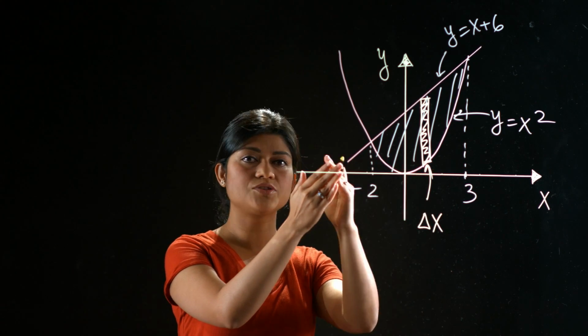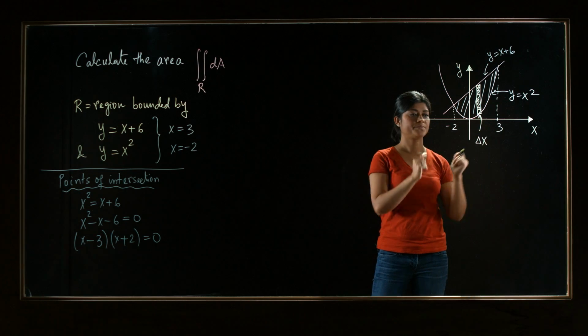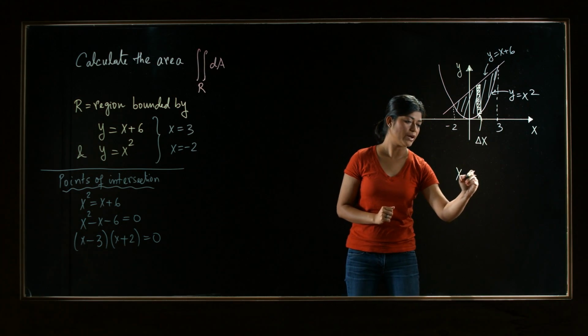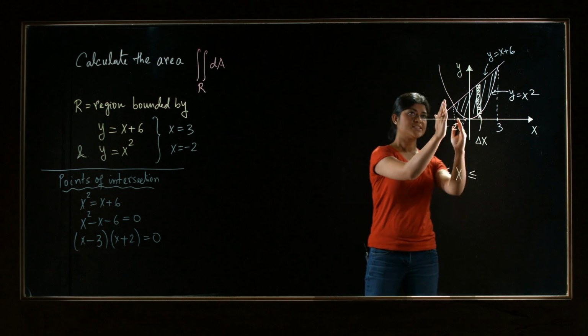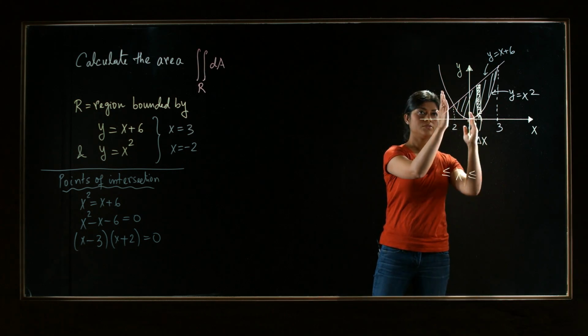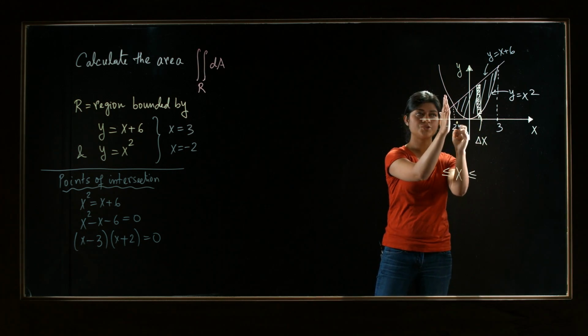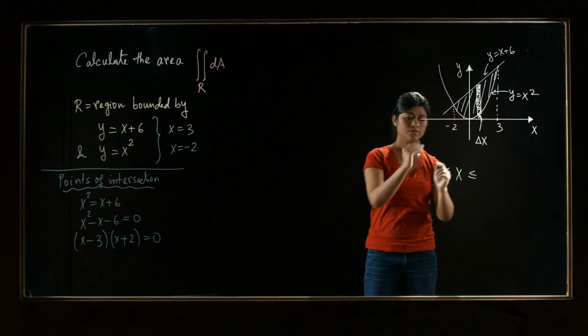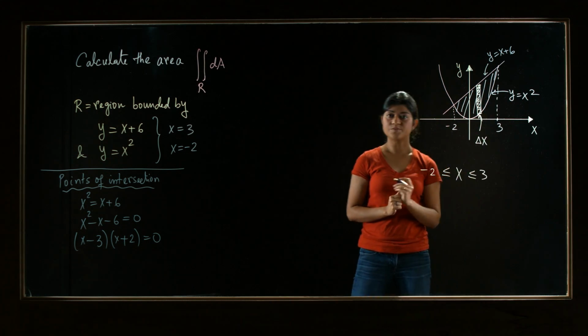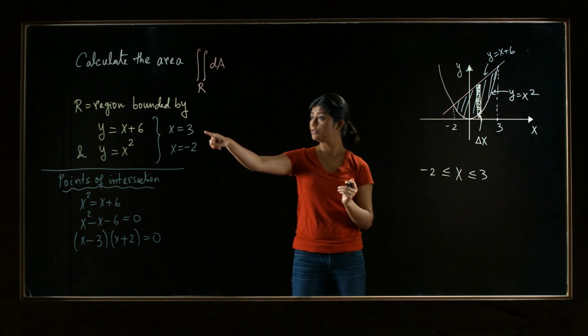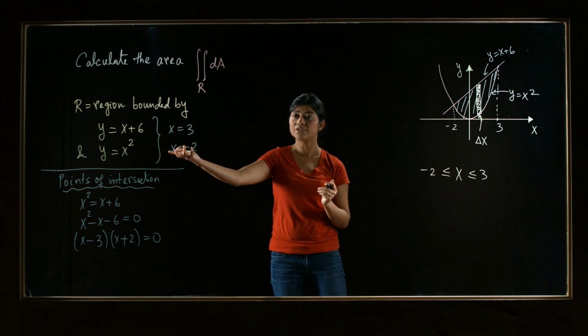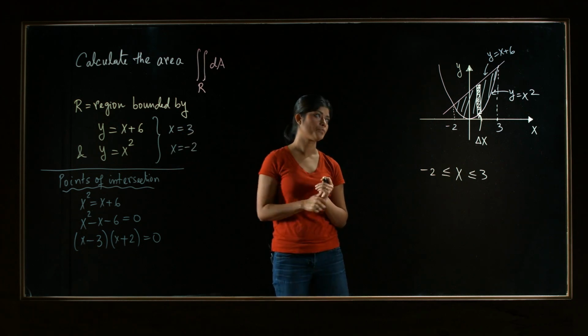And then figure out the bounds for x and for y. Okay, so what are the bounds for x? Look at the region, starting here and here means negative 2, and ending at 3. So definitely x lies between negative 2 and 3. And when you calculated the points of intersection, that actually gave us the x bounds right there.